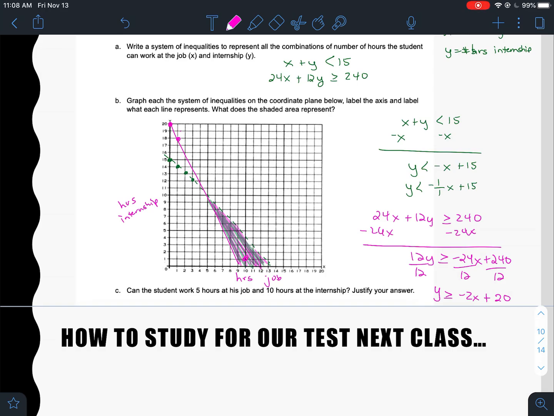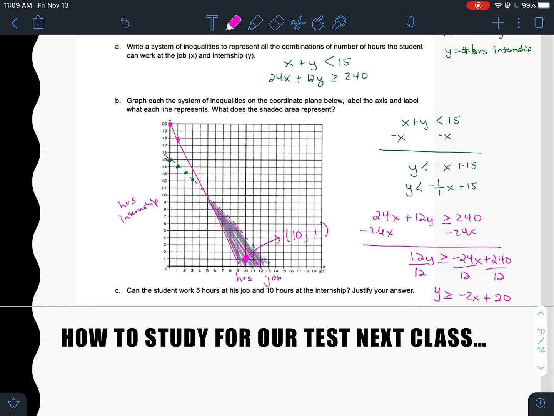So for instance, this point right here would represent the point 10 for X and 1 for Y. So she could work 10 hours at her job and 1 hour at her internship, and she would make at least $240, and she'd be working less than 15 hours that week. So all of the solutions in that shaded green pink area represent the number of hours that she could work at her job and her internship, so that the number of hours is less than 15, but she makes at least $240.